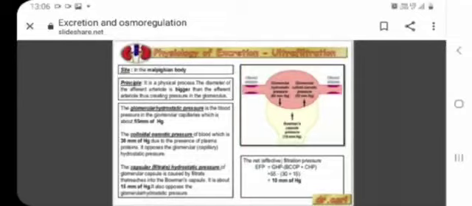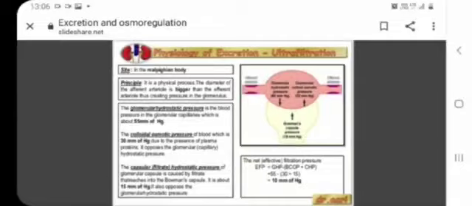The physical process where the blood gets rid of its nitrogenous waste or other waste is known as the excretory process, and this occurs by the process of ultrafiltration.